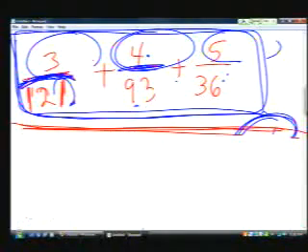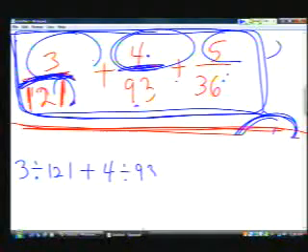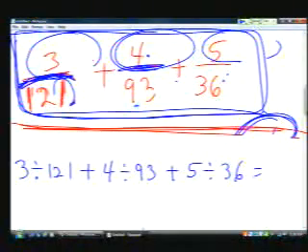If your calculator has correct order of operations, all you have to do is type in 3 divided by 121 plus 4 divided by 93 plus 5 divided by 36 equals, and you'll have the decimal equivalent of the correct answer. Now, that's pretty dang cool, isn't it?